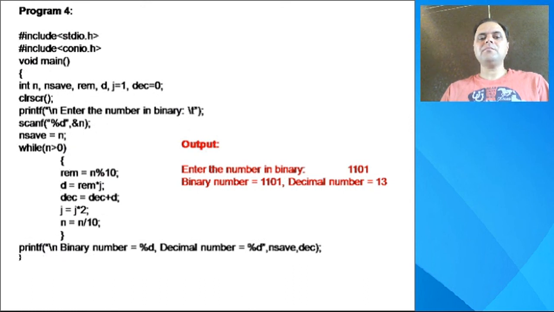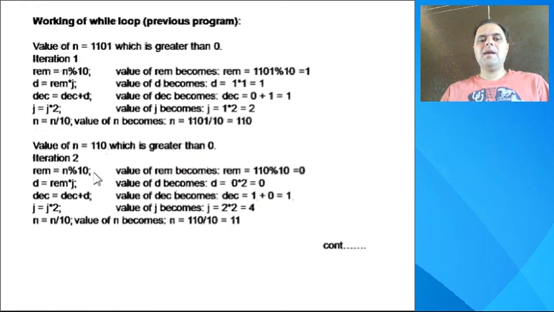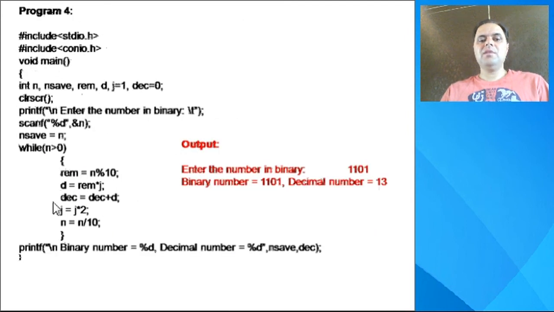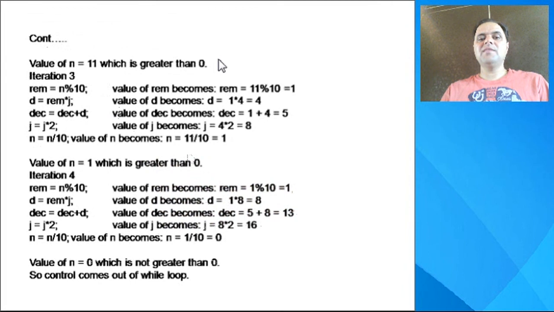Again 110 is greater than 0. So in iteration 2, remainder becomes 0, d becomes 0, decimal becomes 1, and j becomes 2 into 2, 4, and n becomes 11. Again 11 is greater than 0.